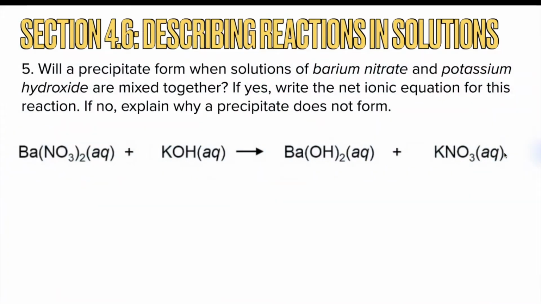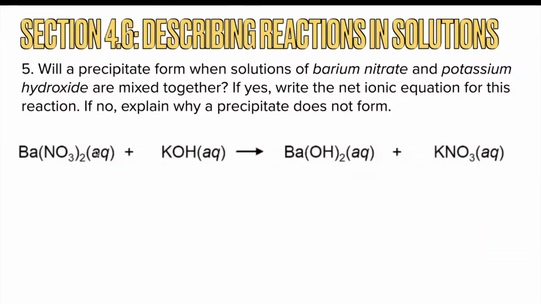If no, explain why a precipitate doesn't form. So this reaction does not actually have a product at all. There's no precipitate here. If I mix them together, all of the ions separate. And so in reality, this doesn't really happen.